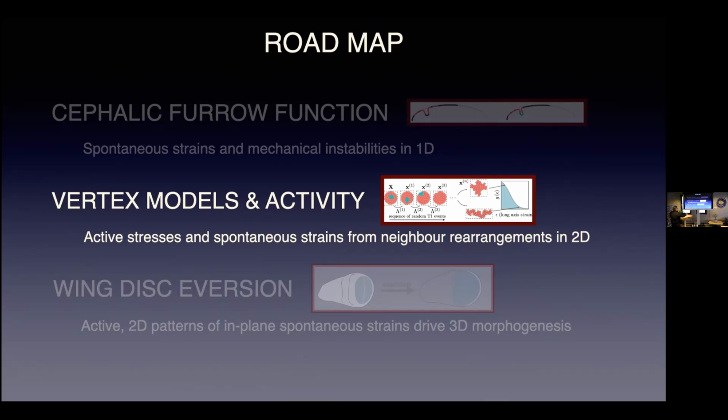And then we'll close with another full biology story with a more complicated network than the first case, where we have a real epithelial apical network doing active behaviors that drive a shape, and we'll try to understand it. Okay, so let's move ahead.